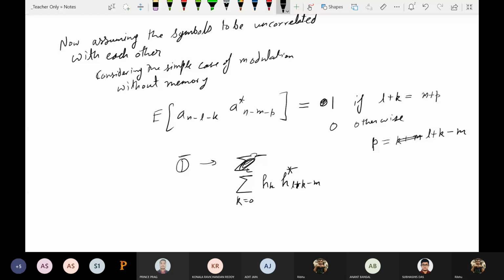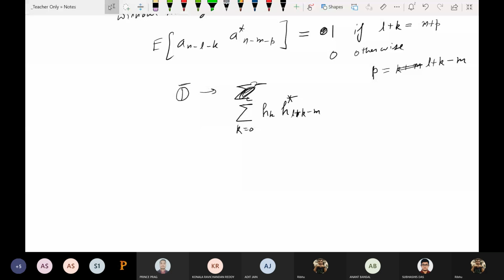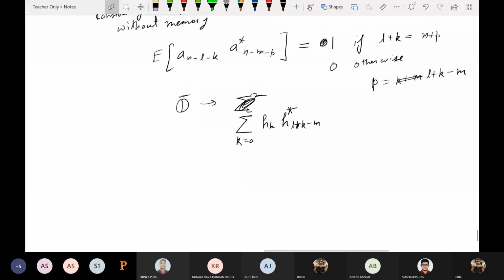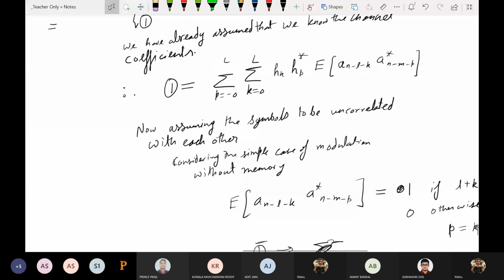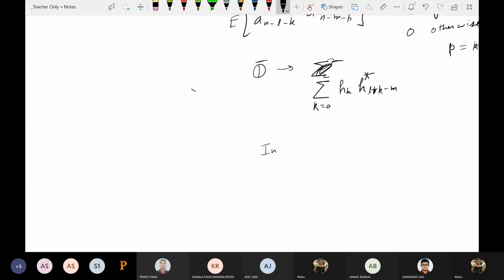So in a way, therefore, for diagonal entries, this is the case of diagonal entries, M equal to L. Therefore this is true.